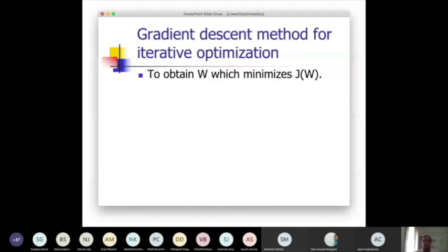You can start from any point in the parameter space, compute the gradient at that point, and move in the direction opposite to the steepest gradient, with some policy of movement, that is, what the step of movement should be.